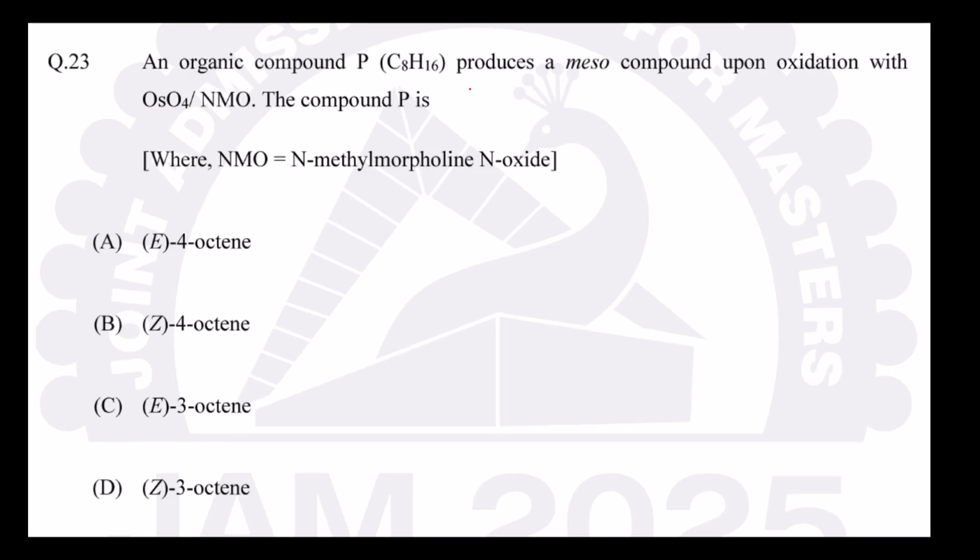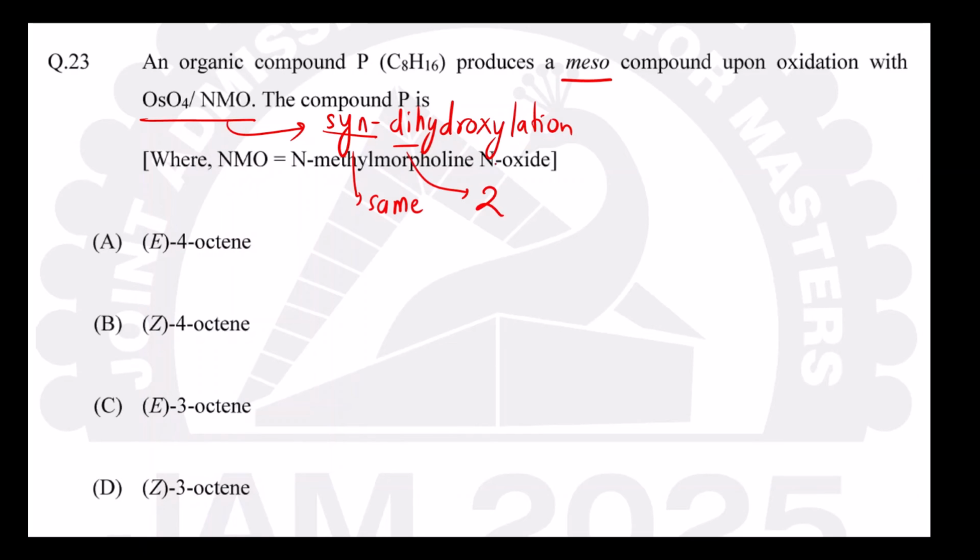Now, an organic compound produces a meso compound on treatment with OsO4 and NMO. So what is this? This does a reaction called syn dihydroxylation. Whenever there is a question of this, syn means attack from the same side. What is attacking? Di means 2.